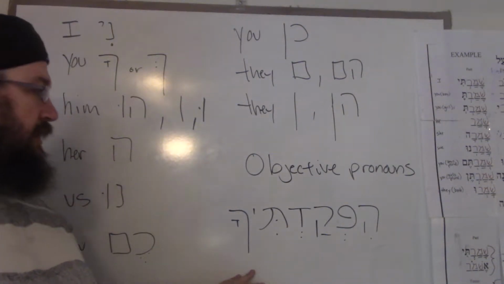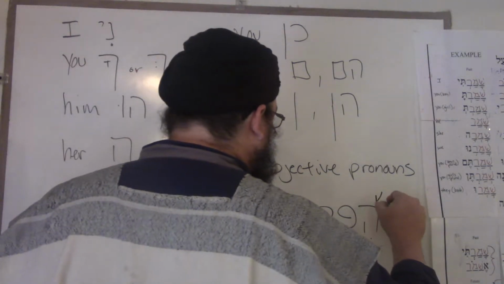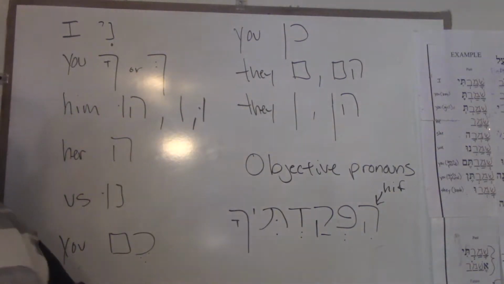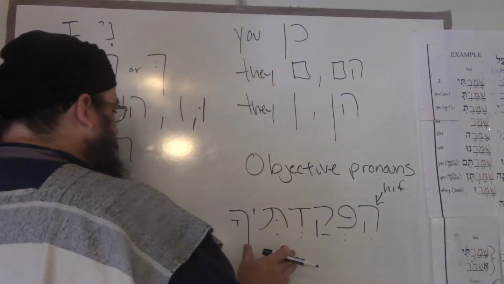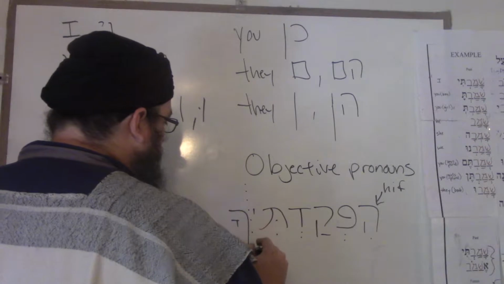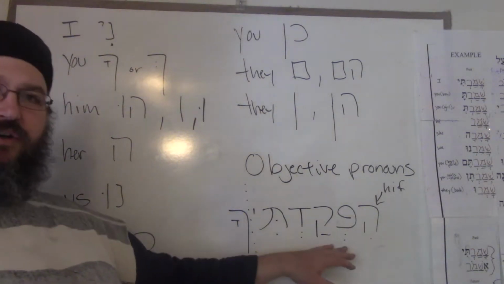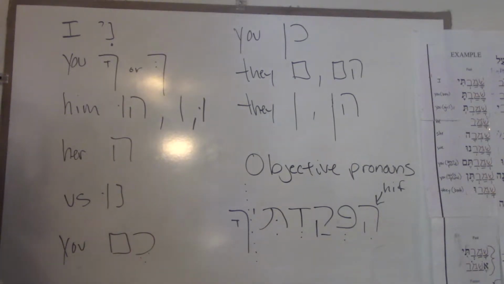Hifkaraticha. Okay? What is this? Well, we know that this should be a hifil form. So we know this is in the hifil form. If I was to take this part, I should basically put a little dotted line through here to separate the true verb from this foreign object pronoun that's attached to it.